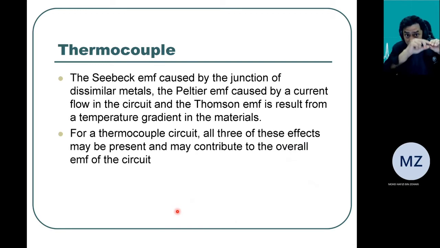If in one long material you have one temperature on one side and another temperature on the other side, this temperature difference creates a small EMF. So the combination of all the EMF from the Seebeck effect, Peltier effect, and Thomson effect creates a significant amount of EMF. That's very good for our temperature measurement.